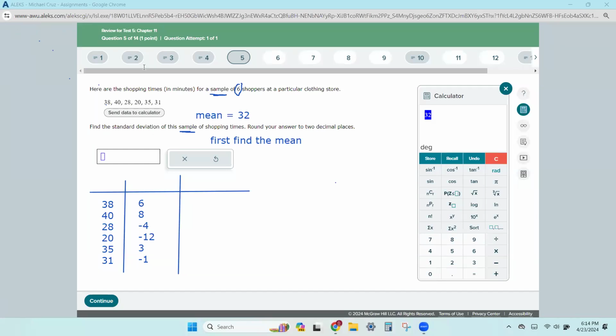And there's a checkpoint here. We can use a checkpoint to find out if we got everything right, because these should add up to 0 if we did it right.